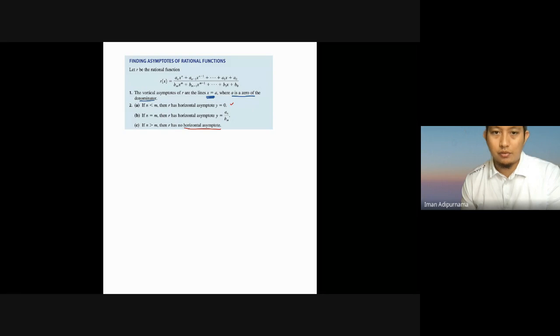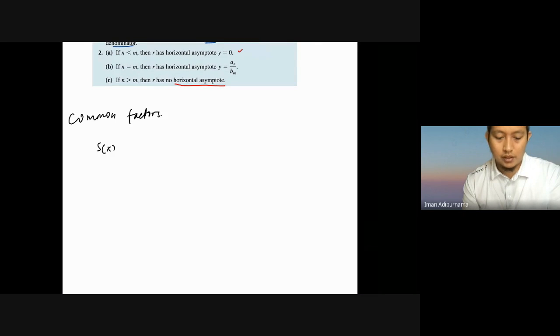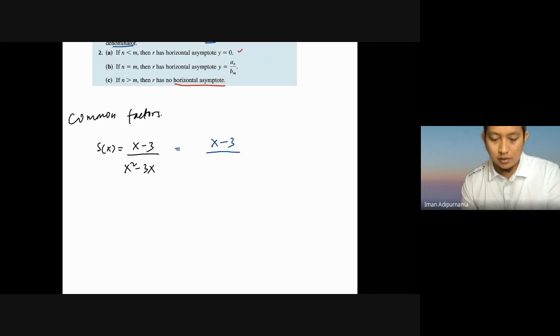I will go to the common factors. If you look here, we can write this as x minus 3.